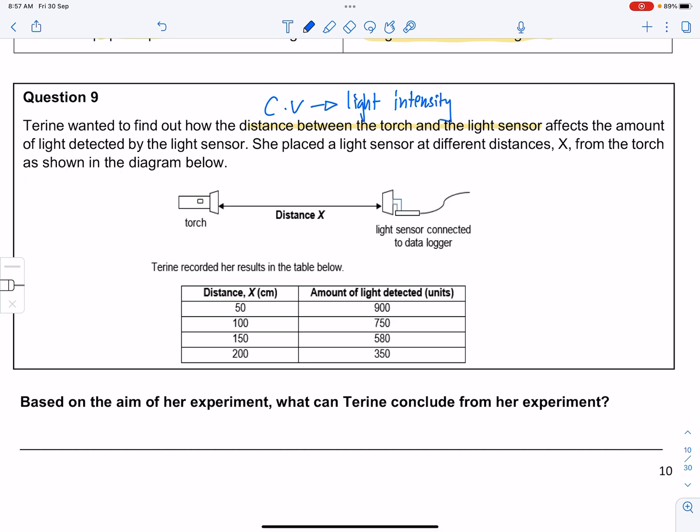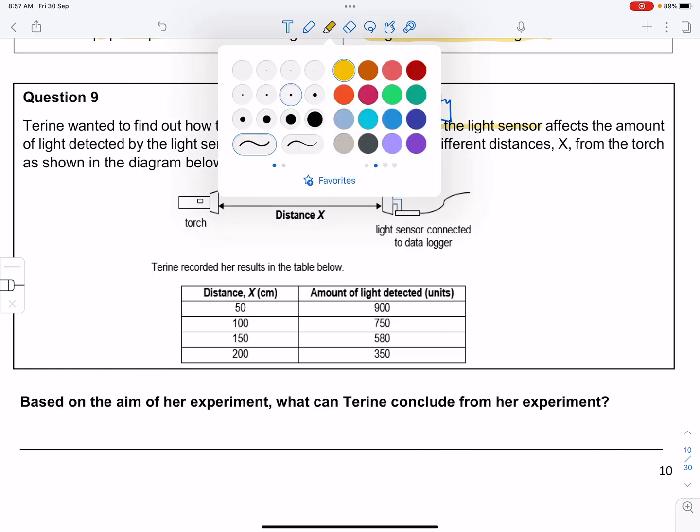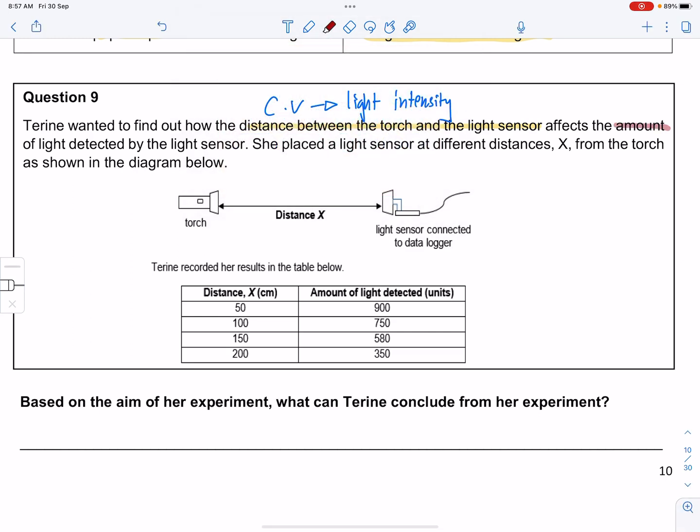Affects the amount of light detected. This is your measured variable. So in this case, there is no representation. It's really literally just the amount of light detected. It's not representing photosynthesis, it's not representing anything, it's just the amount of light detected.